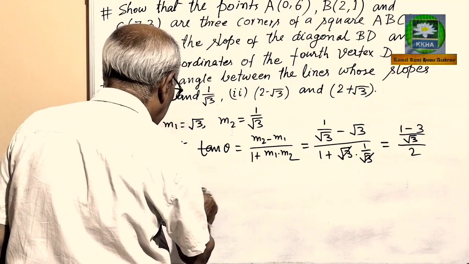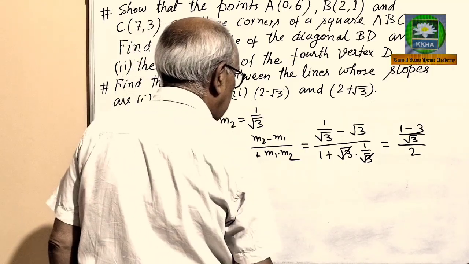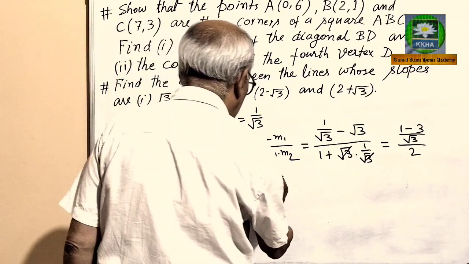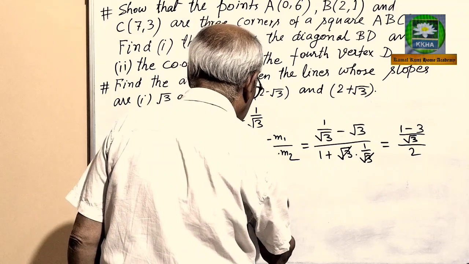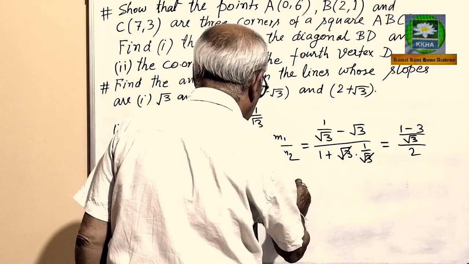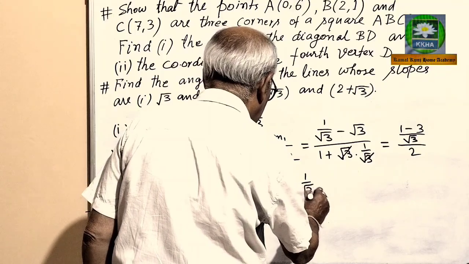This implies that tan theta is equal to 2 upon root 3 divided by 2, which is equal to 1 upon root 3.